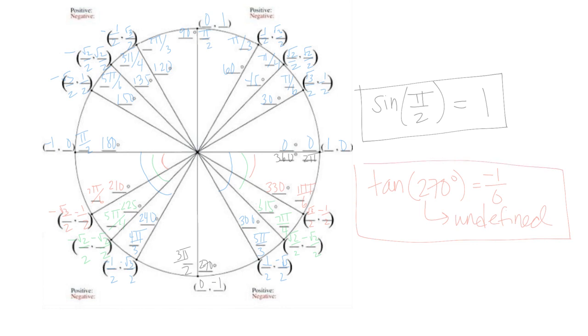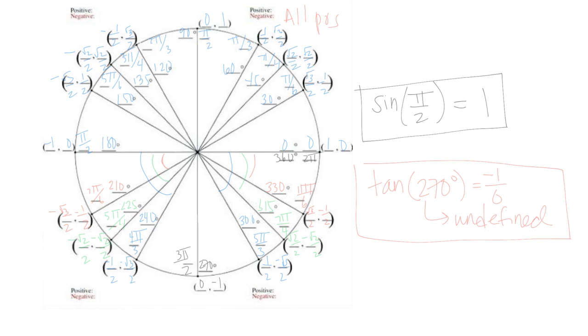Okay, also in the unit circle, you could see what's positive and what's negative, like which trig functions are positive for those angles or in that quadrant and which one's negative. So in quadrant 1, everything is positive, so all are positive. Okay, in quadrant 2, the x values are negative, so that means cosine is negative.